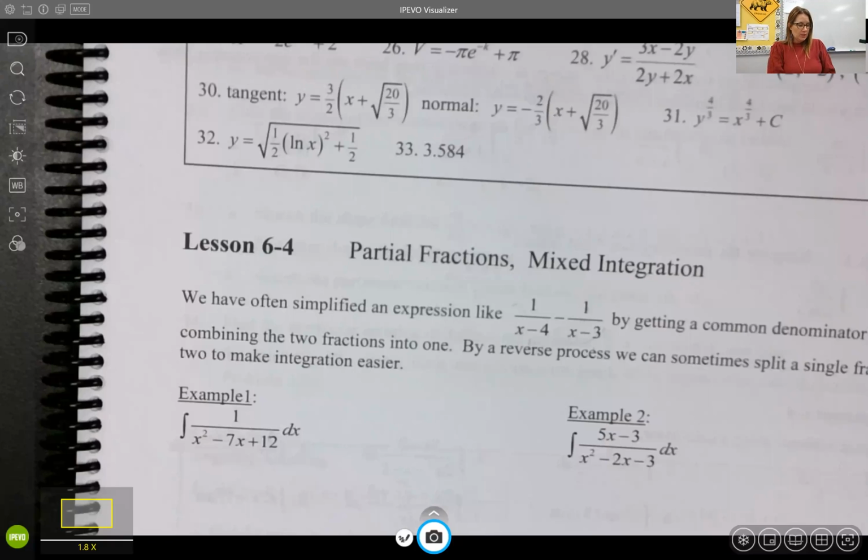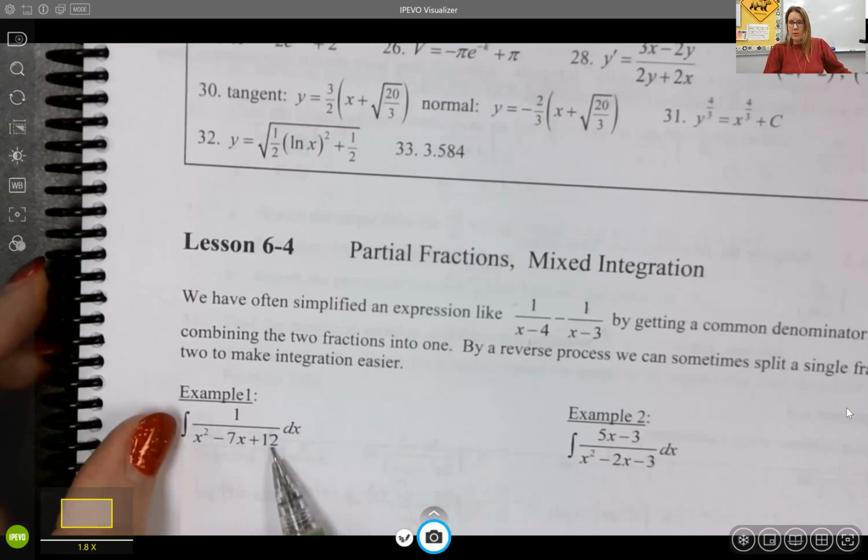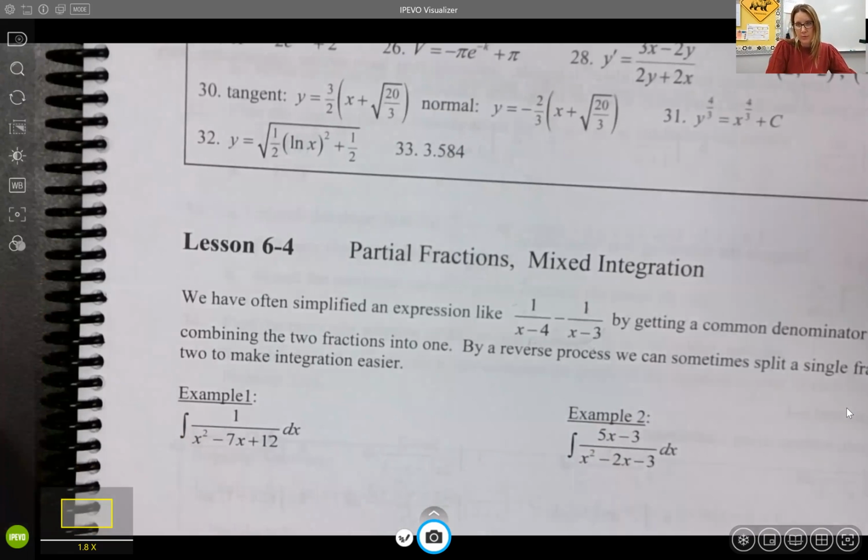Okay, so when we do these, what we're looking for is the integral of 1 over x squared minus 7x plus 12. If I try my normal integral strategies, say a u substitution where u is x squared minus 7x plus 12, the derivative would be 2x minus 7.